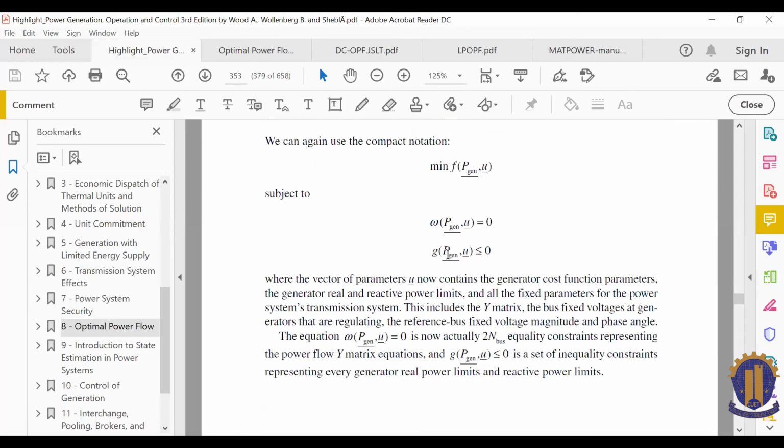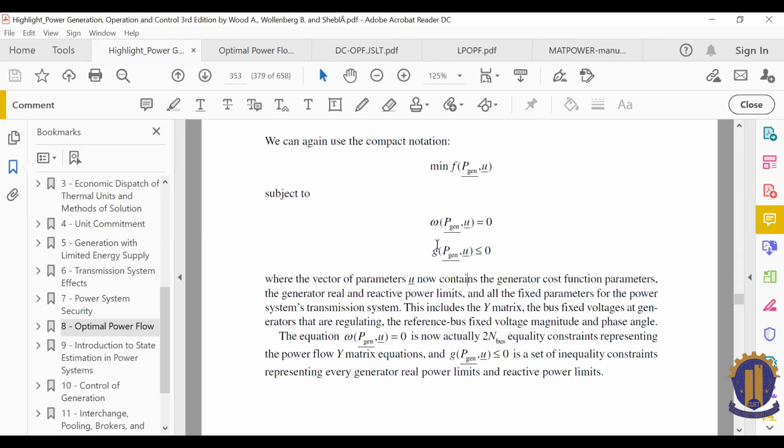We will not consider unit voltage at each bus; we are considering limits of the voltage. For example, a lower limit of 0.95 per unit to 1.1 or 1.15 maximum. These are the limits of the voltage. Further, the transmission line maximum limit is also an inequality constraint. All these constraints are here.